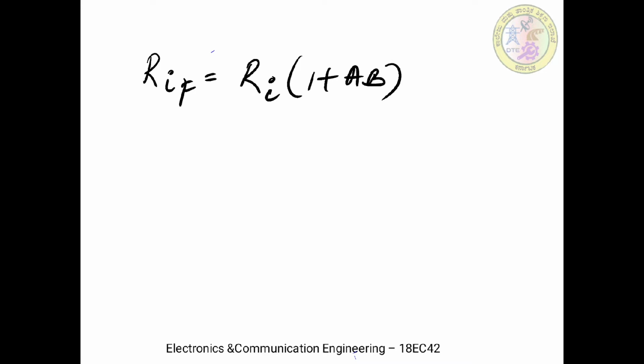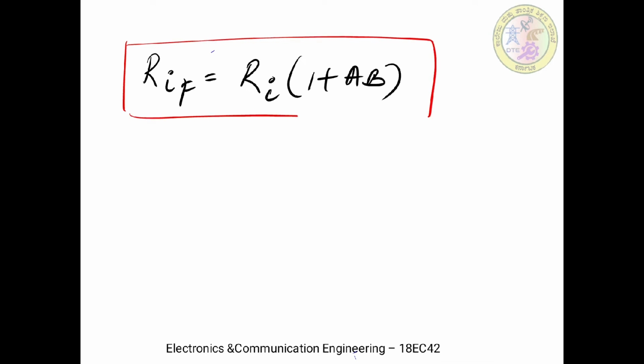So we have the final expression RIF is equal to RI into 1 plus AB. This is the relation between input resistance with feedback and the input resistance without feedback. So RIF is equal to RI times 1 plus AB.